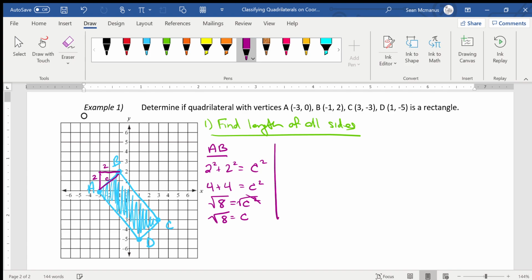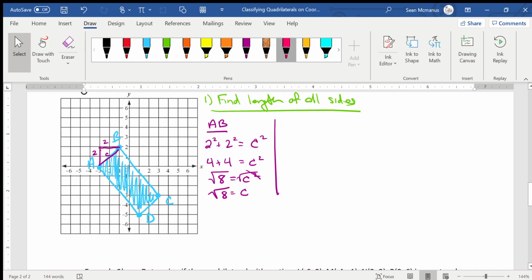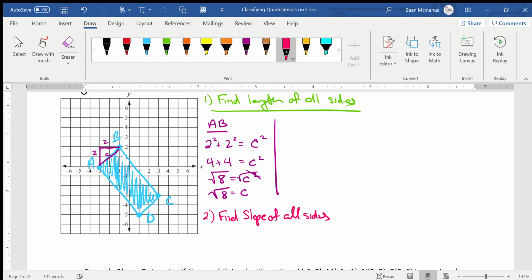Now I'm going to do this 4 times. The second thing I'm going to have to do is find the slope of all sides. I'm just going to do that at the same time because I think it'll be a little bit easier. So the slope of AB, I can see it goes up 2, right 2. The same two numbers that go into the Pythagorean theorem are going to go into slope.